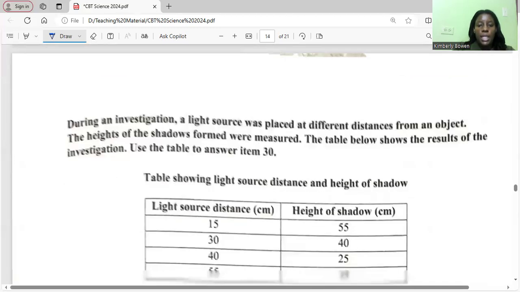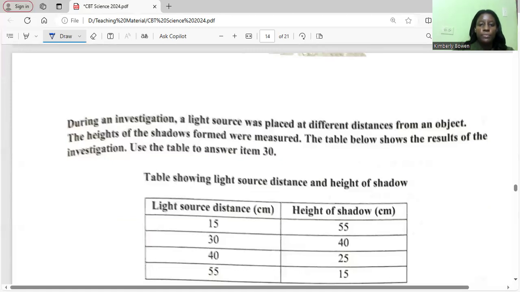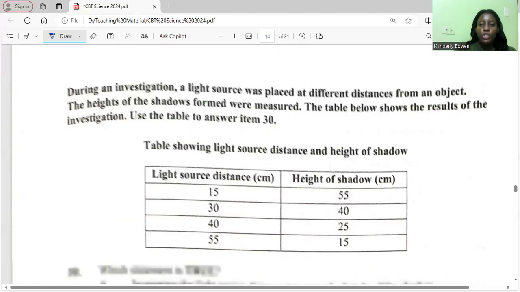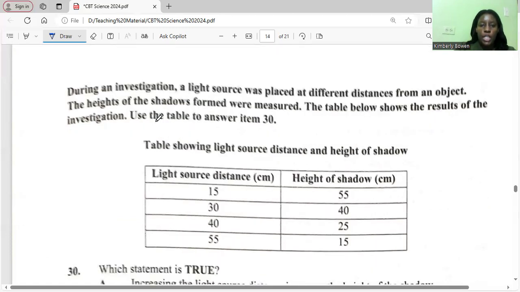All right, the next question says, during an investigation, a light source was placed at different distances from an object. The height of the shadow formed was measured. The table below shows the result of the investigation. Use the table to answer item 30. All right, so we have the table here showing the light sources and the height of the shadow.